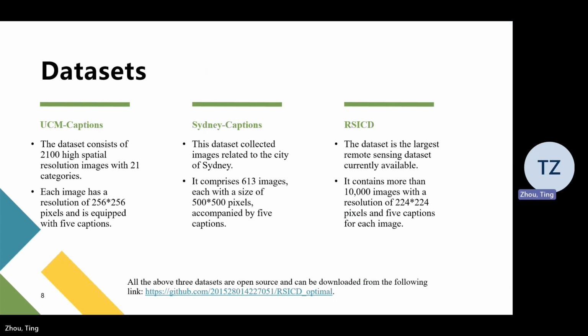Remote sensing image captioning is a relatively new branch, and there are fewer datasets in this domain. There are 3 mainstream datasets, namely UCM-Captions, Sydney-Captions, and RSICD. All of them are open source and can be downloaded online.